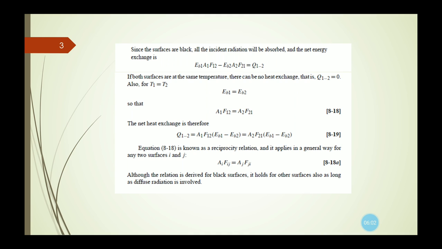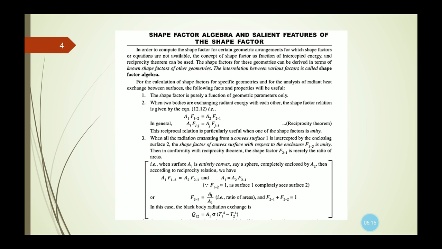So this is the thing we need to remember, that this reciprocity relation is applicable for black surfaces, and as long as diffuse radiation is involved, it is applicable for other surfaces also. Now let us discuss the shape factor algebra and different salient features of the shape factor.